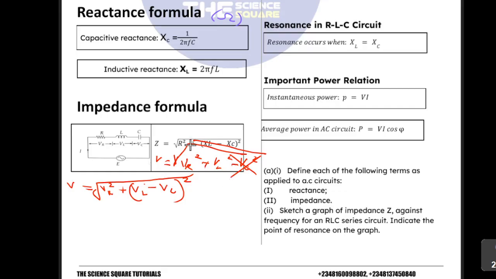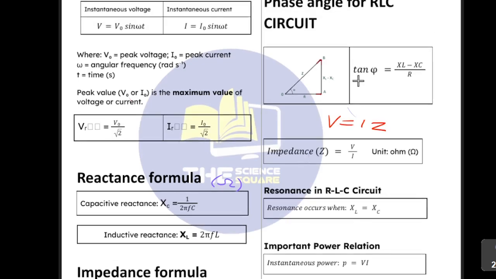So the formula is very similar to the arrangement of the impedance, only that you replace XL and XC with VL and VC respectively. So for the phasor diagram, if it is the phasor diagram for the voltage that you want to sketch, you replace Z with V, you replace R with VR, and you replace XL and XC with VL and VC respectively. Let me zoom in a little so that you can see what I'm showing here.